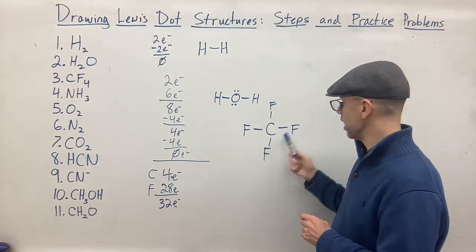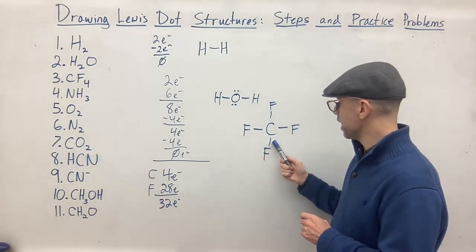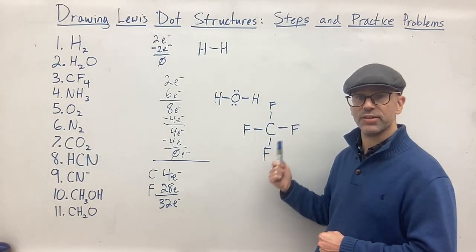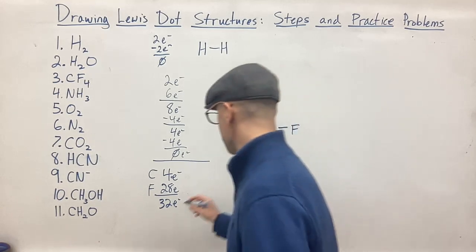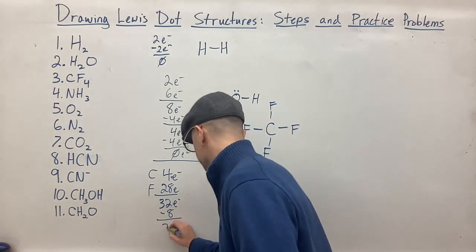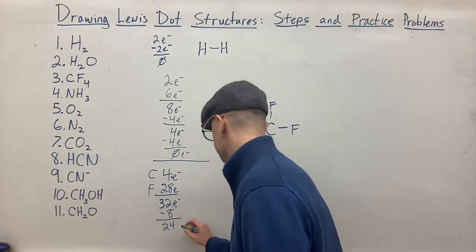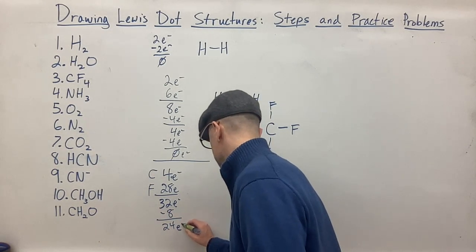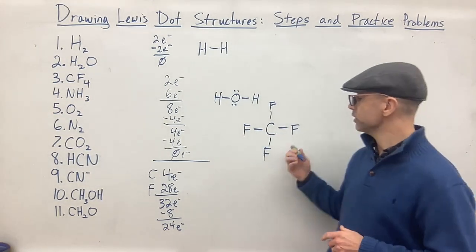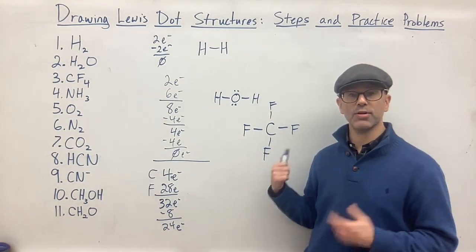Now we subtract out the electrons for each bond. So there's 2 electrons per bond. We have 4 bonds, so that's a total of 8. So we're going to subtract out 8, and that gives us 24 left. So we have 24 electrons left. So now we're finished with step 2, now to step 3.